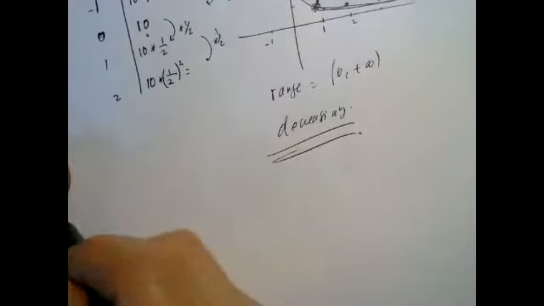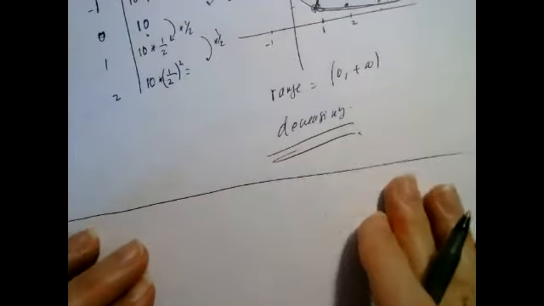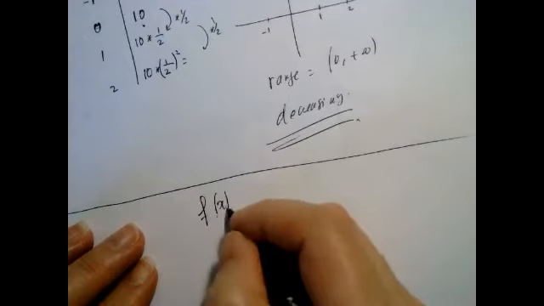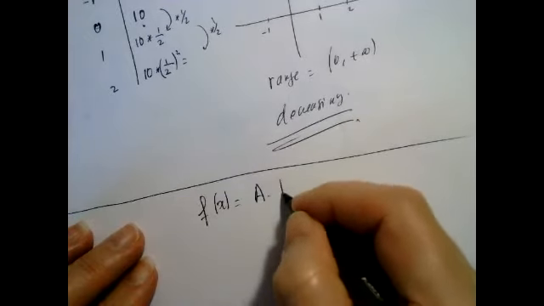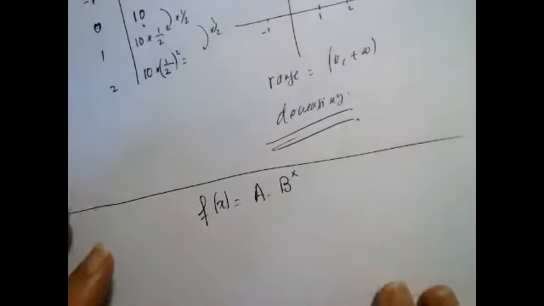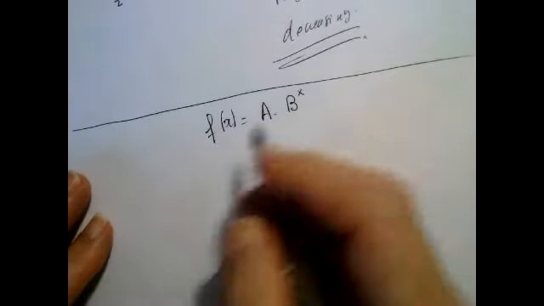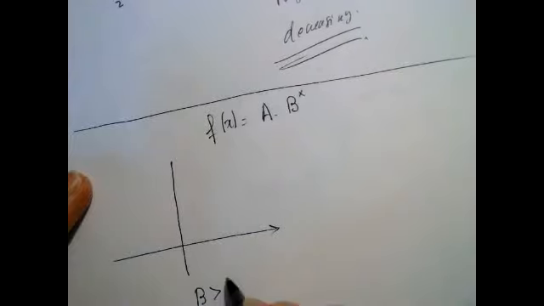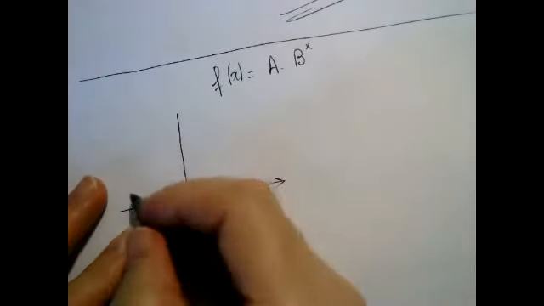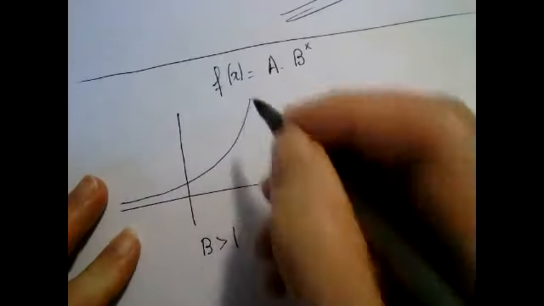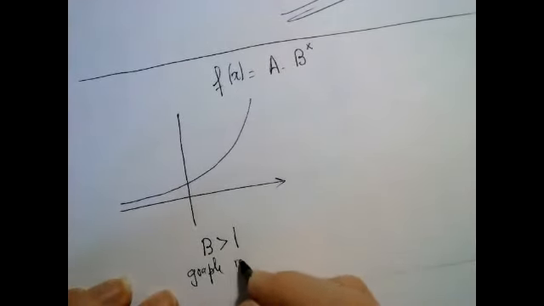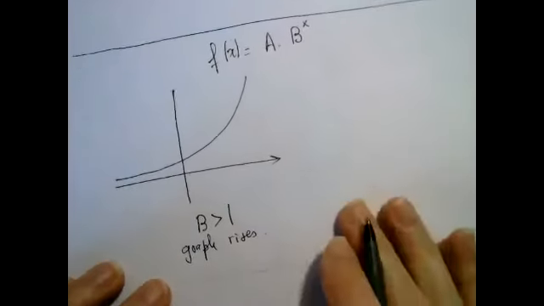So in general, what's the graph of an exponential? Suppose you have f of x equal a times b to the x. And then the graph will depend on b. If b is greater than 1, the graph rises. It means the graph rises, function increasing.